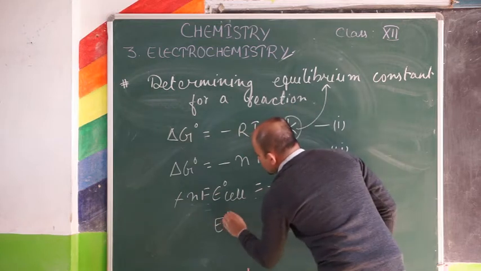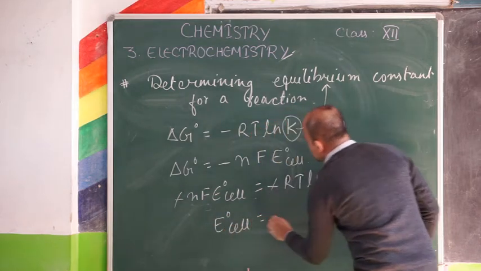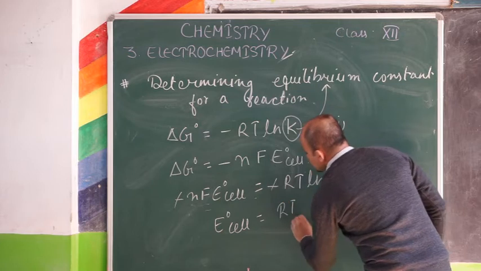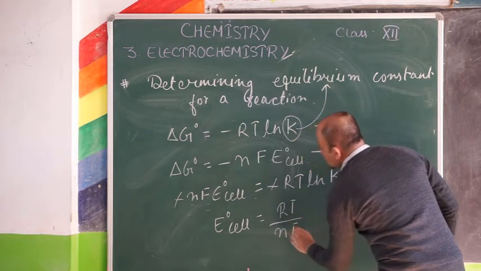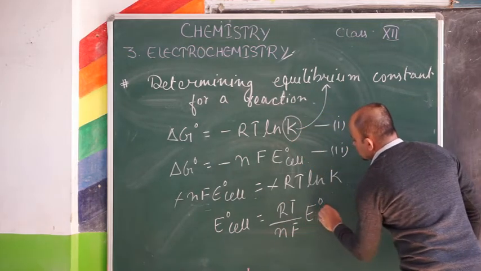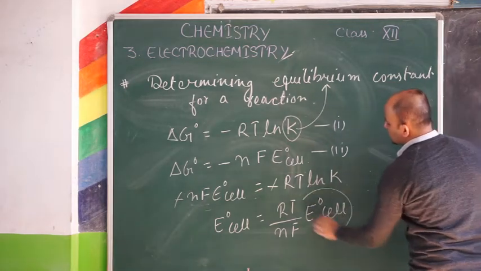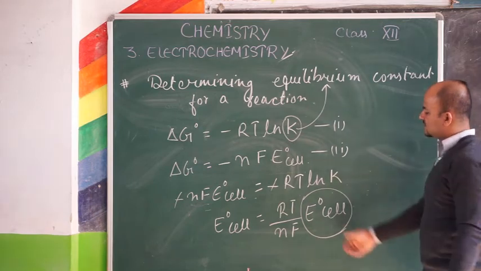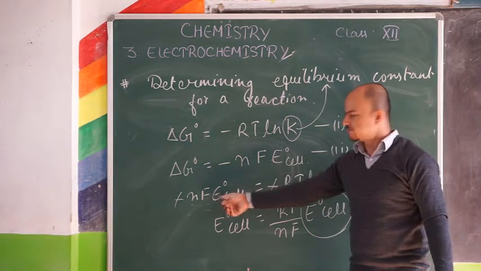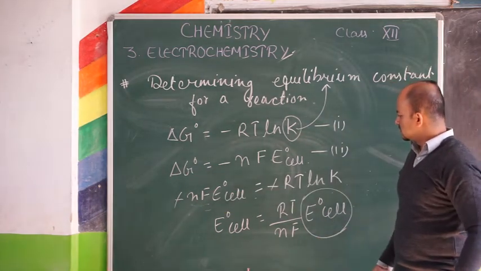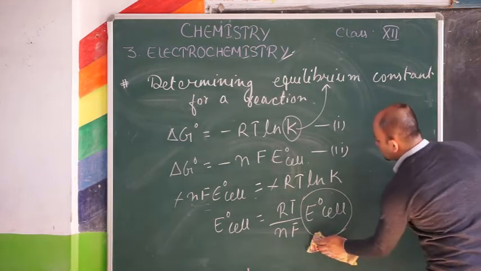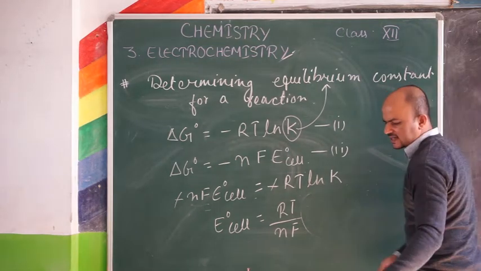So E naught of the cell will be equal to RT by nF ln K. Here it has to be ln K.